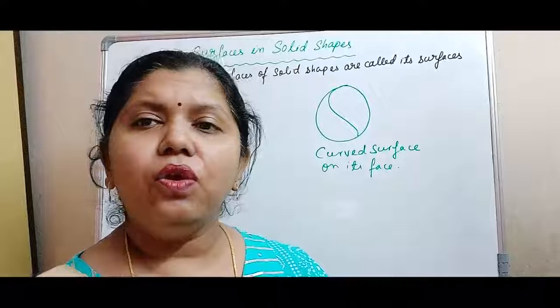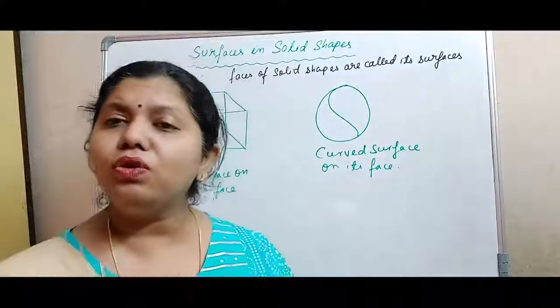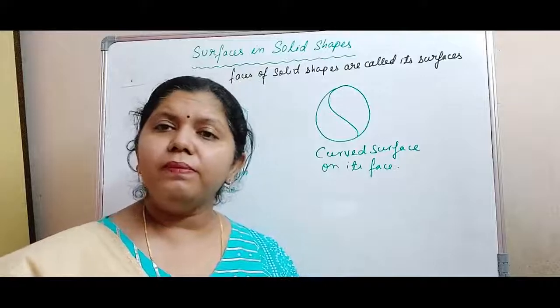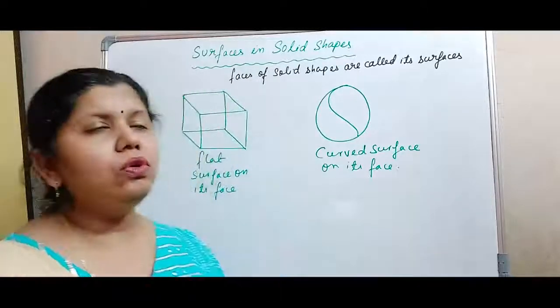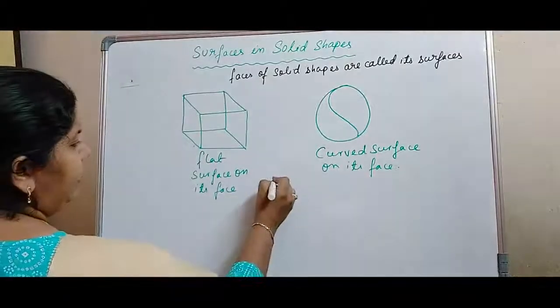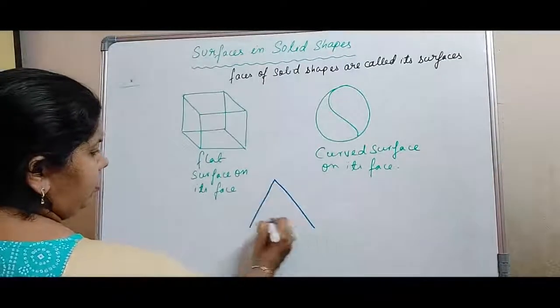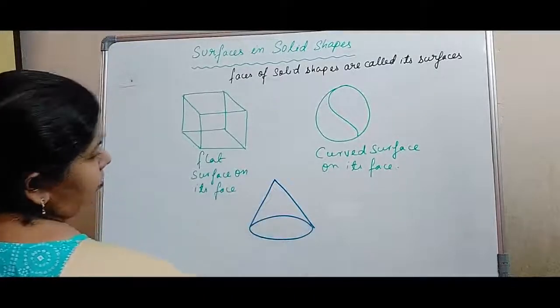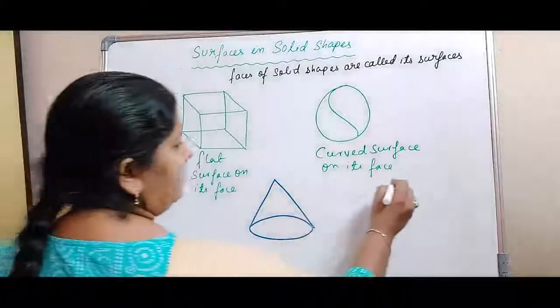Apart from this, there are also solid shapes which have two types of surfaces, meaning both types of surfaces in the same figure. Examples can be a cone or a cylinder.